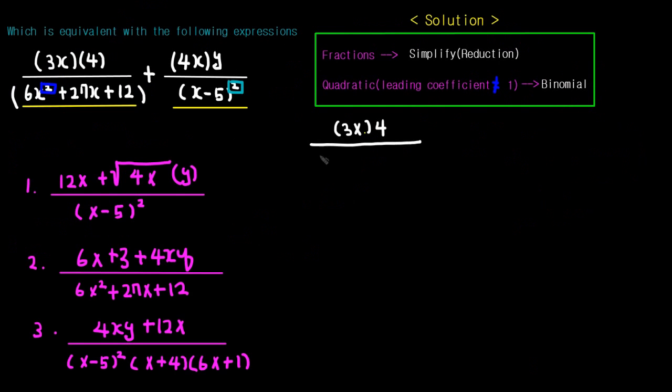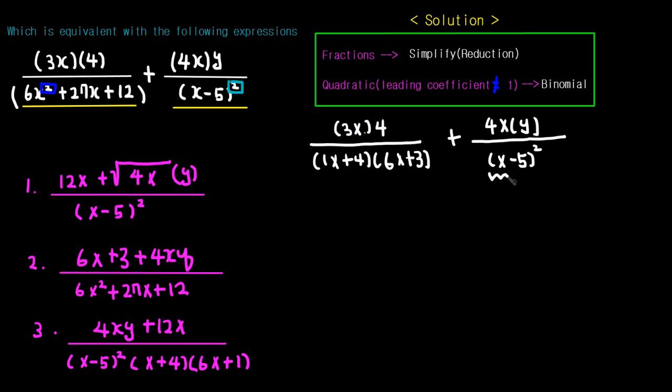So we can write this down here: 1x plus 4 times 6x plus 3, and plus 4x times y over the denominator x minus 5 squared. We could have just extended this x minus 5 squared term, but it will make our calculation complicated, so I will just leave it in that factor form, and we can simplify the numerators.